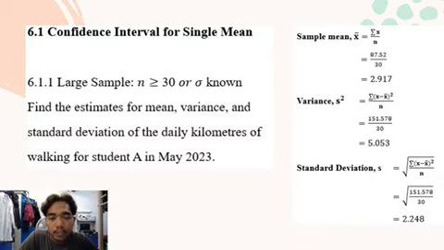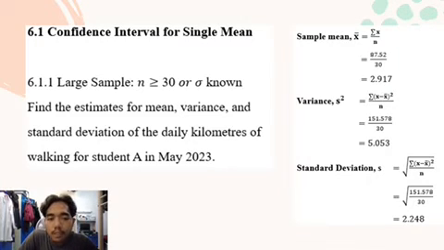6.1 Confidence interval for single mean. 6.1.1 Large sample n, which is 30 days, or variance known. Find the estimates for mean, variance, and standard deviation of the daily kilometers of walking for student A, which is Lechumi, in May 2023.